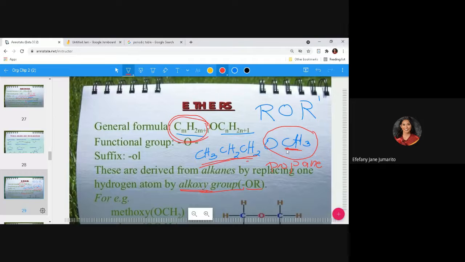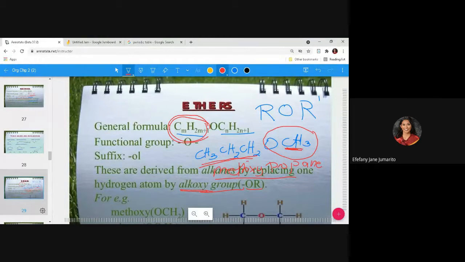Right? This is your methyl. Now, if it's in an ether, we will name that one as methoxy because of our oxygen. So we write methoxy propane. Okay, so that is your methoxy propane.